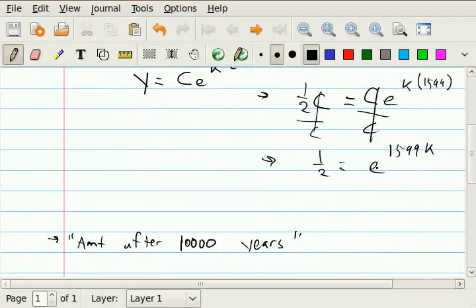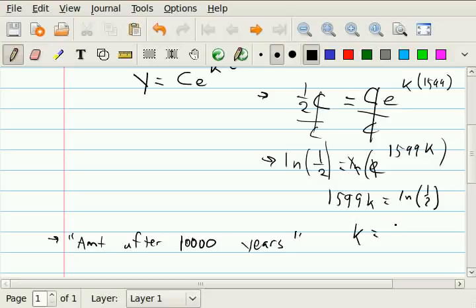So we can actually solve this for k, and it's pretty easy to do. We just take natural log of both sides. Of course, you remember now natural log cancels with e to a power, and we get, I'm going to swap sides here just to make it a little bit nicer looking, 1599 times k is equal to natural log of 1/2. So k is equal to natural log of 1/2 over 1599.